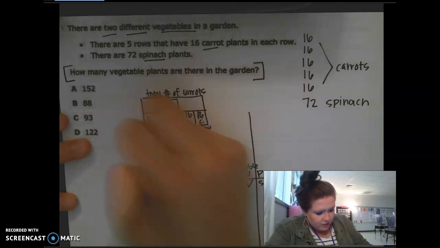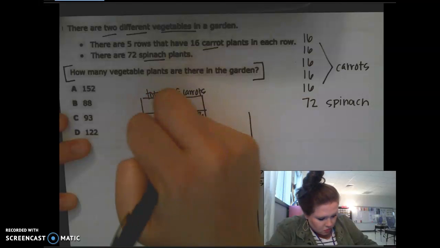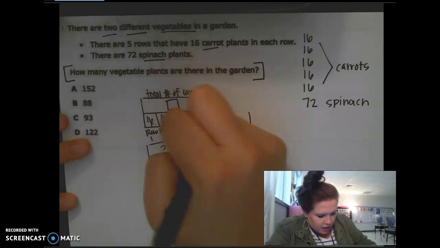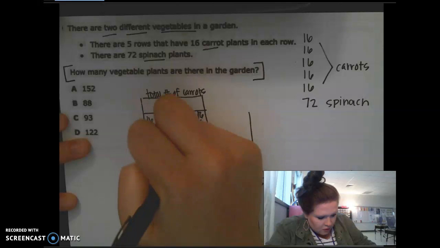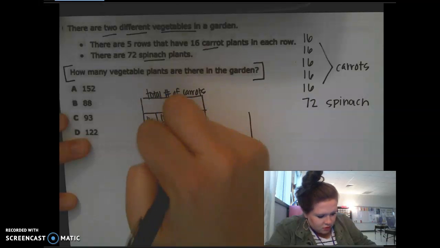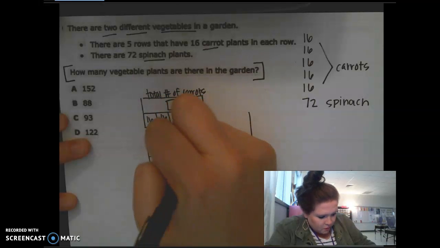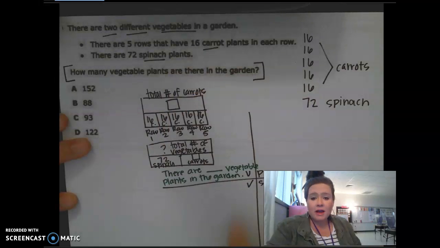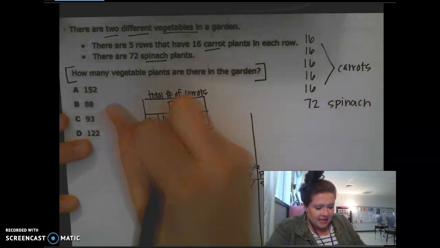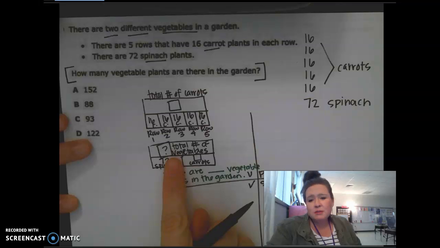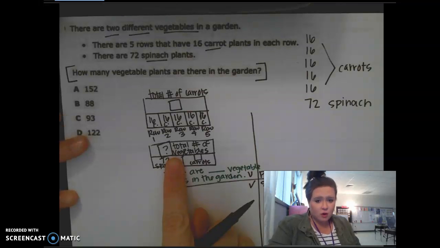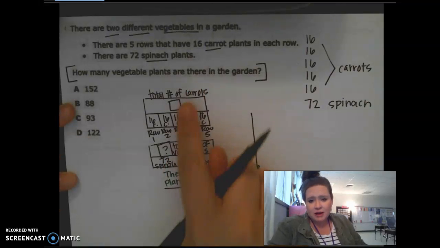That is going to tell me the total number of vegetables in the garden. I put a question mark in this box because that is going to answer my question. This does not answer my question.